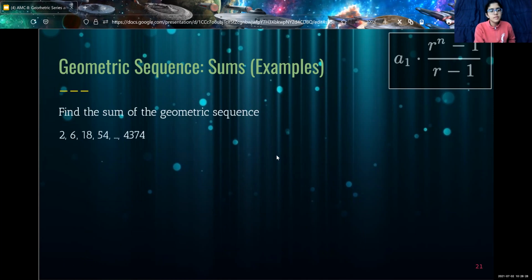Find the sum of the geometric sequence 2, 6, 18, 54, all the way to 4,374. So, first, should I walk you through it, or do you want to do it on your own? Okay, one person said they want to do it on their own, and one person said they want me to walk them through it.